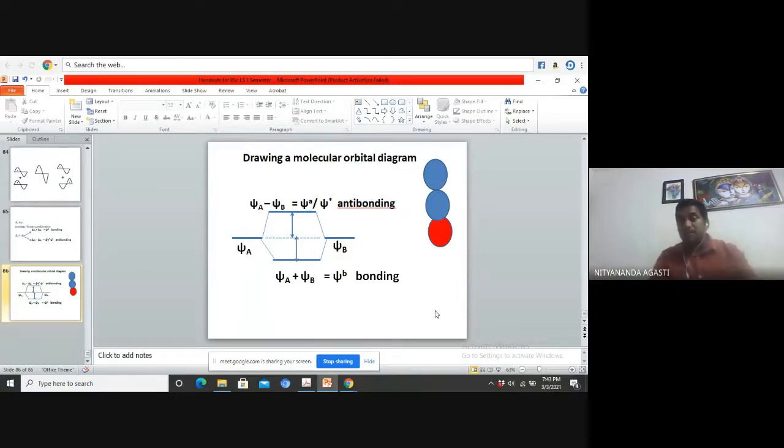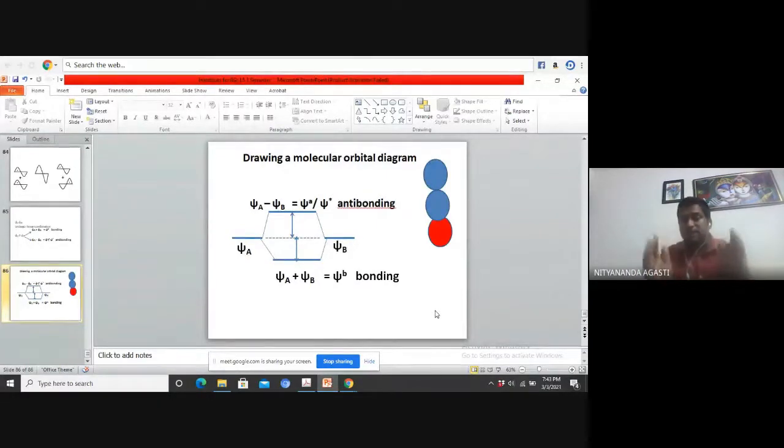So what are we going to see now? How molecular orbitals are arranged. Like atomic orbitals are arranged in an atom, similarly we are going to see how molecular orbitals are arranged in a molecule, and how they are formed because of combination of atomic orbitals. This whole picture we are going to get in the form of a diagram.